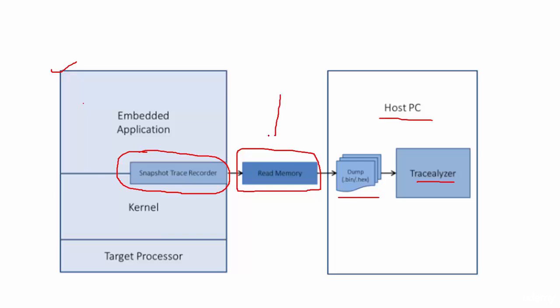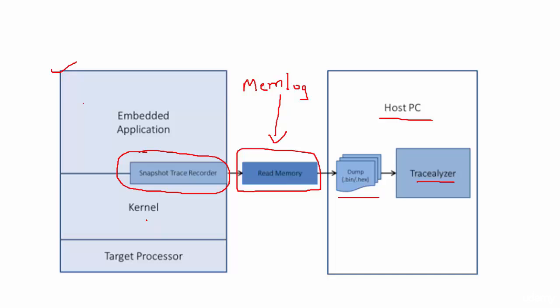This reading of memory is taken care of by software called memory loggers. I will show you how you can install a memory logger. Once again, I will repeat. You integrate the Tracealyzer recorder library with your project in Atmel Studio, compile the whole project, download it into your microcontroller, and run your application.